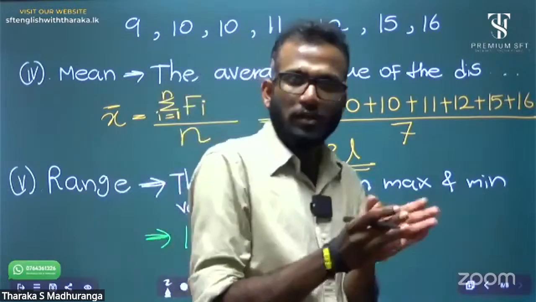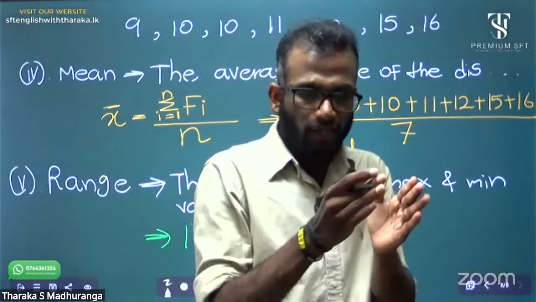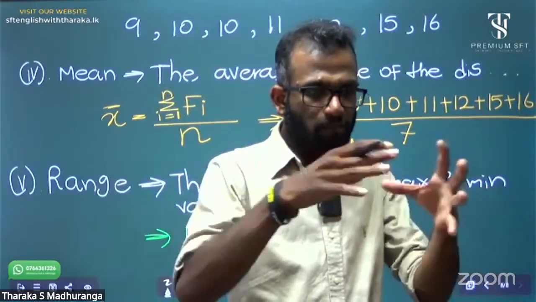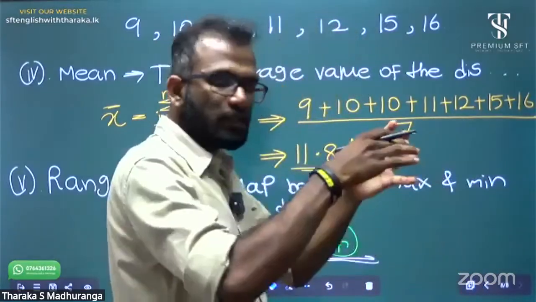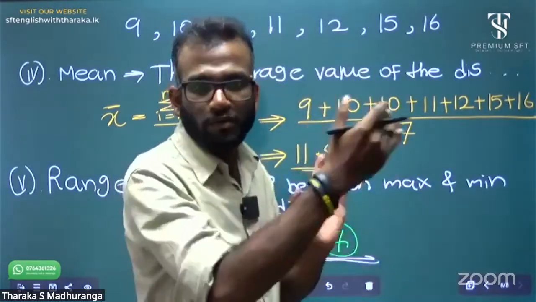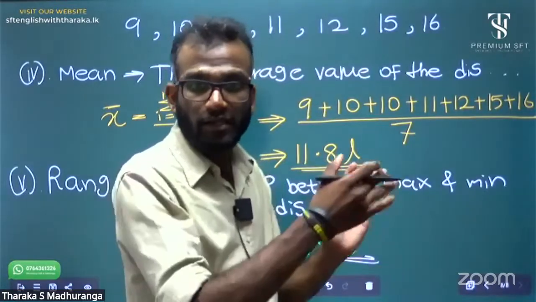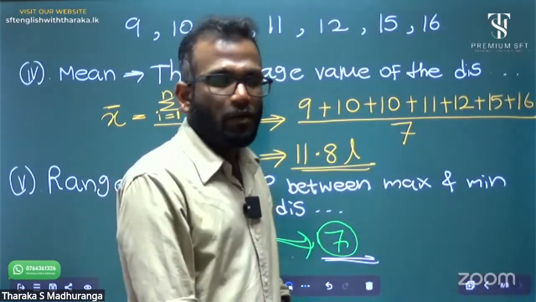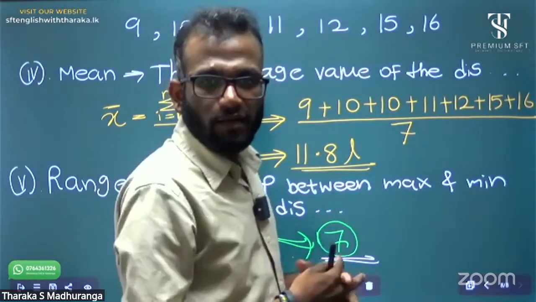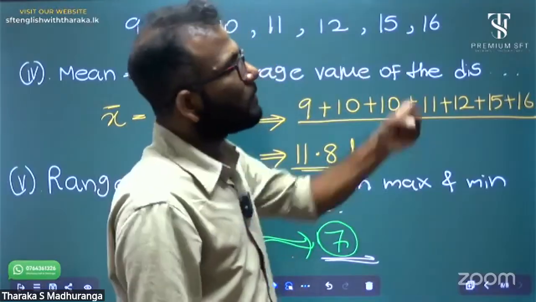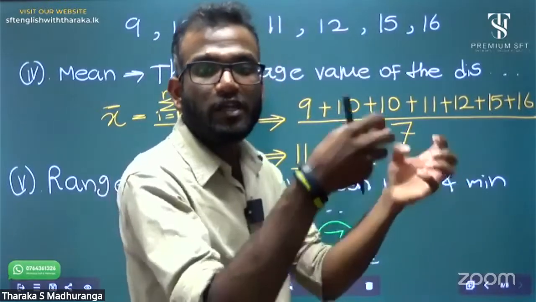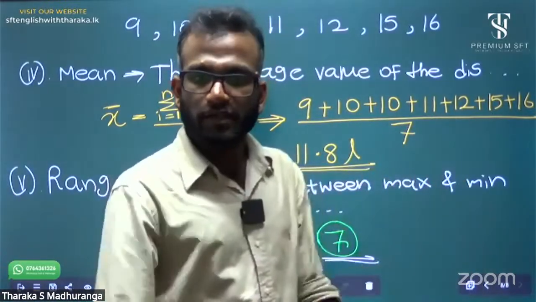The range of 7 means the entire distribution is distributed within 7, with no large gaps in the middle. Now think the range was 100. Then the data is distributed in large gaps.